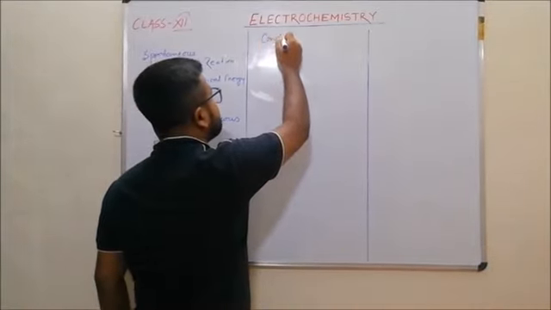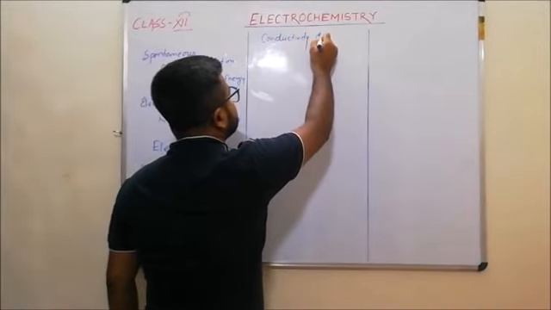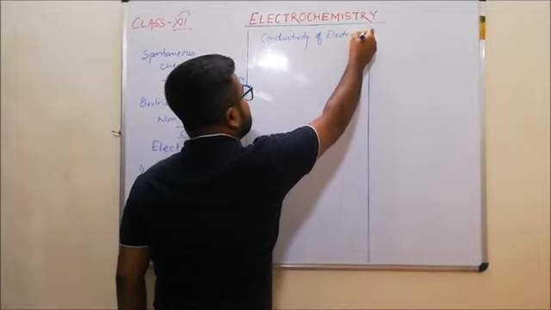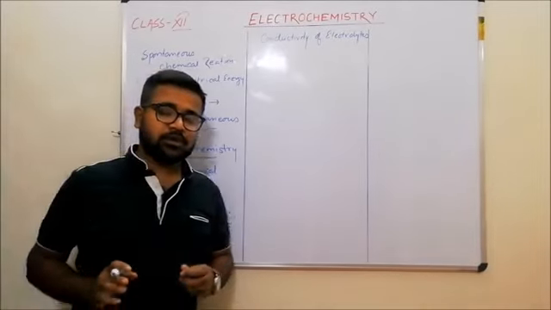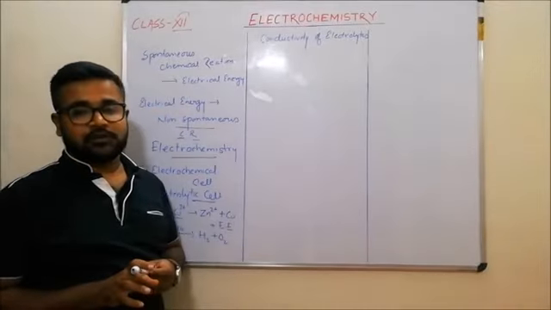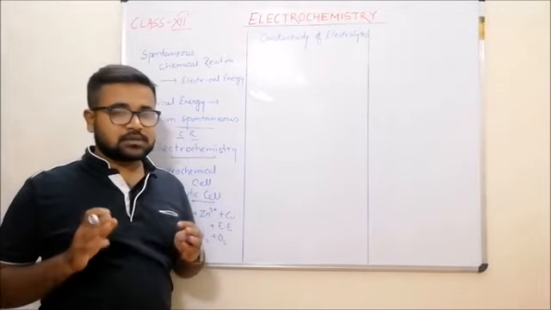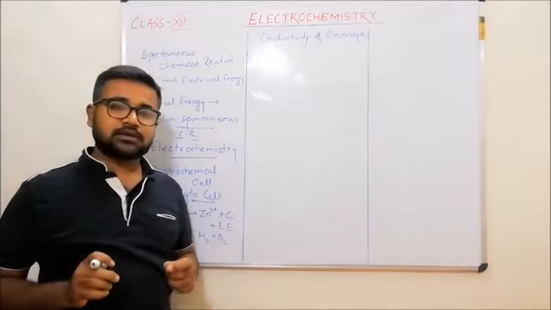So first of all, in this video our main topic is the conductivity of electrolytes. Before going to that, I want to discuss some important things related to conductivity. Substances can be classified into three types. Some substances conduct electric current, they are conductors.